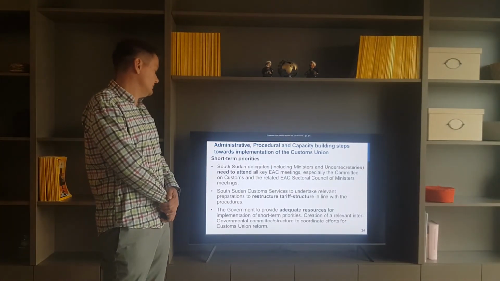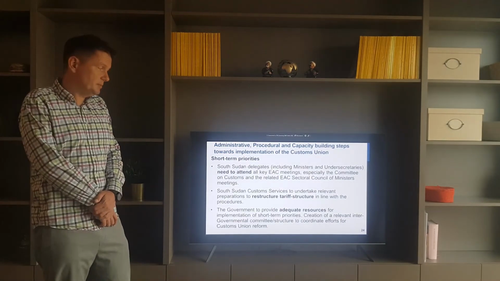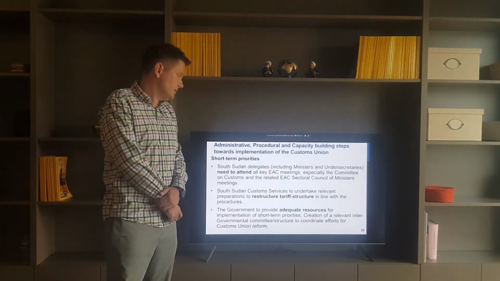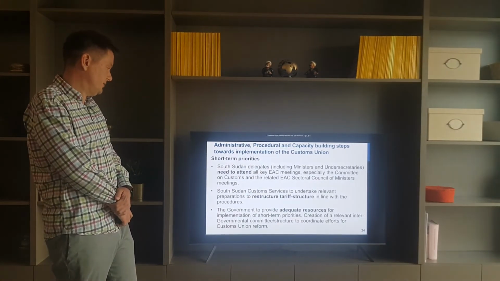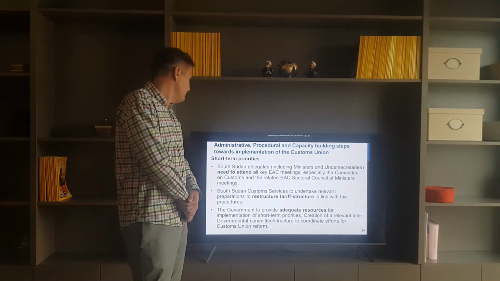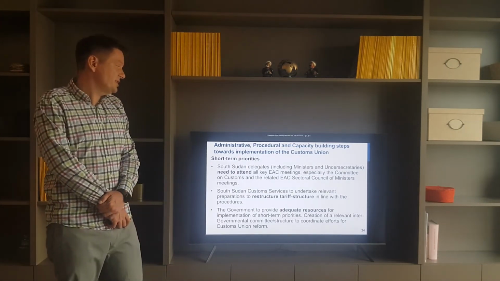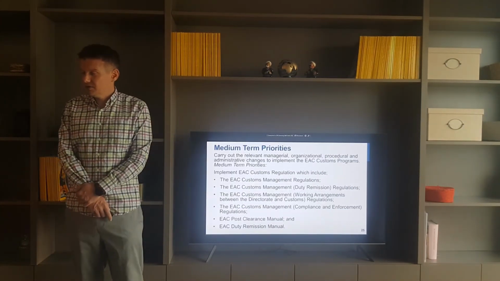Second is that South Sudan needs to implement the Customs Union and restructure the tariff in line with what I've been explaining in this presentation. And the key short-term priority is provision of adequate resources.